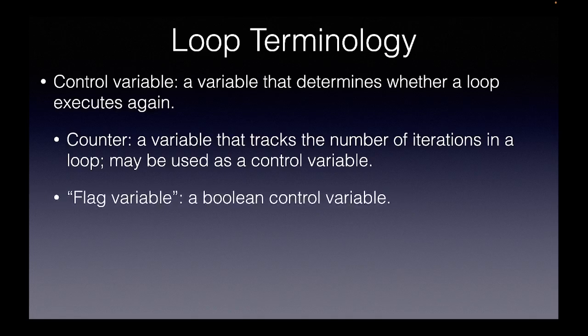A term that I don't use as often, but you do hear it, so I want to mention it, is a flag variable. Usually when people use that term, they're talking about a Boolean variable that they're using to control their loop. For example, they might have a Boolean variable that's, is unauthenticated, to go back to my password example.